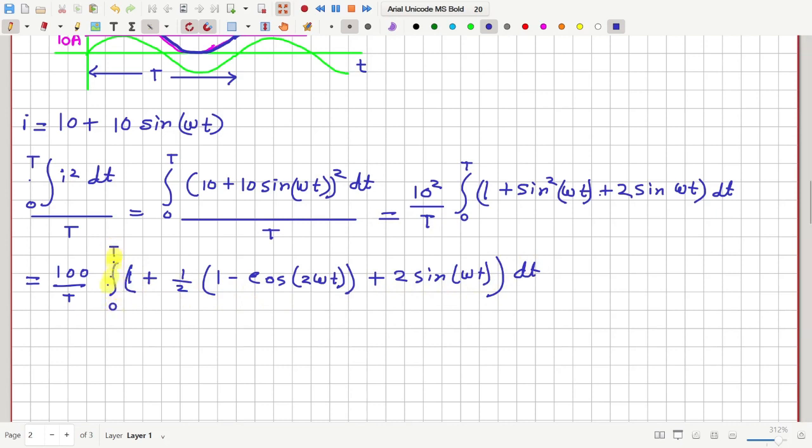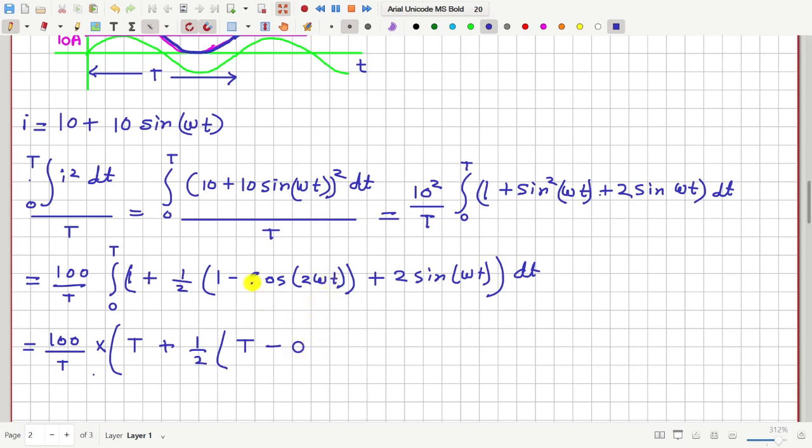So this will be equal to 100 by T, and integration of 1 from 0 to capital T will be T, then plus half, integration of 1 will be again T, then minus integration of cosine 2 omega t will be 0. If you carry out the integration, you should get 0.